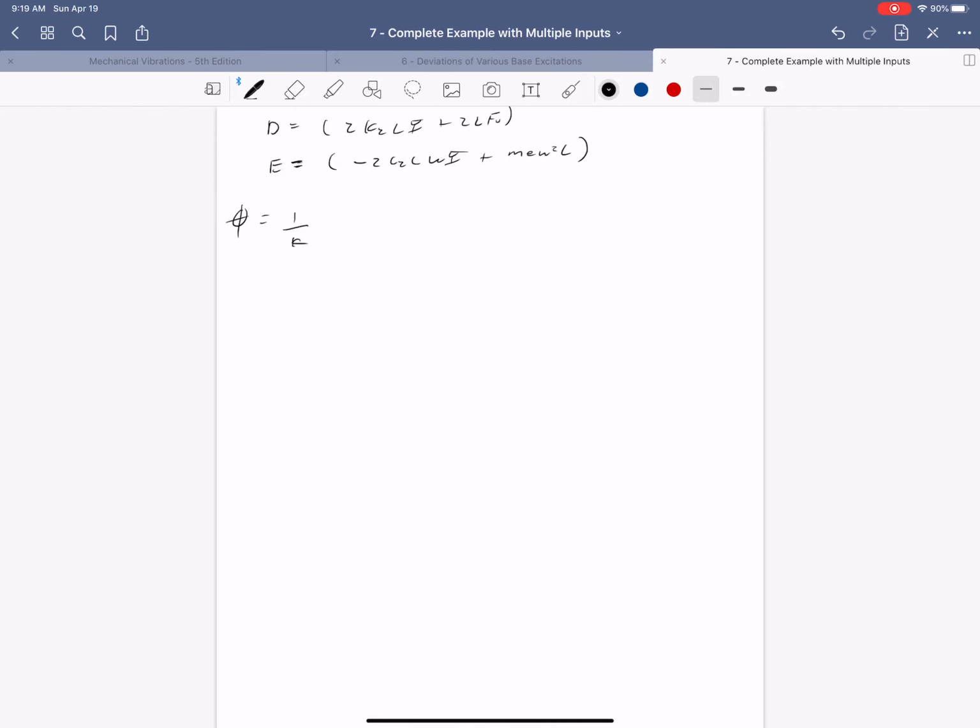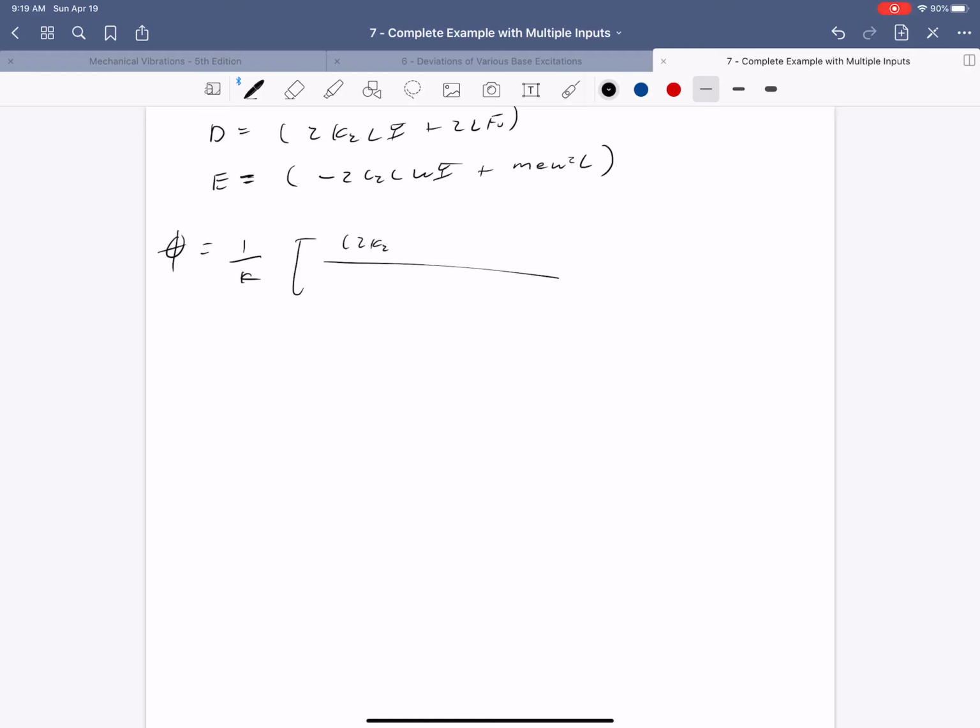Yeah, just 1 over K times, this becomes 2K2LY plus 2L F0 squared. Okay. Plus negative 2C2L omega Y plus ME omega squared L squared, to the 1/2, over 1 minus r squared plus 2 zeta r squared. Okay. And there we go. That's pretty much how it turns out.